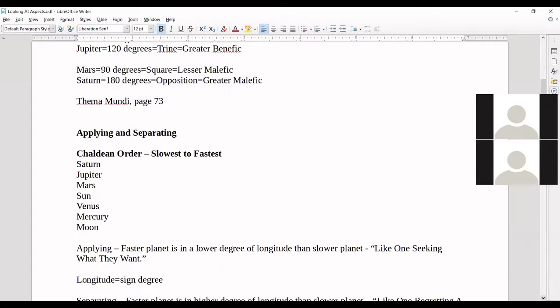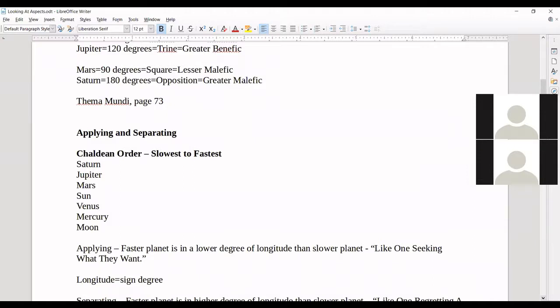So if, for instance, the moon is at 11 degrees of Aries and Jupiter is at 15 degrees of Sagittarius, there is a sextile between those two planets, and it's an applying one because the faster planet is at lower degrees of the sign than the slower planet.